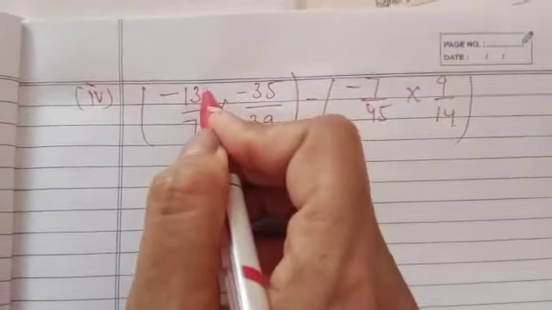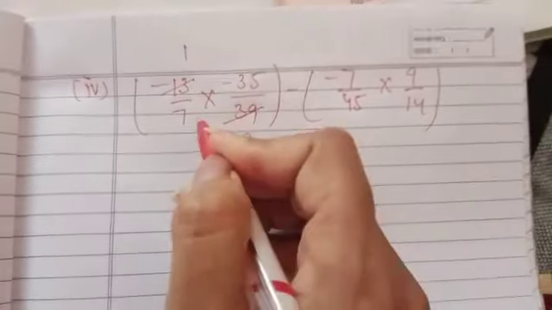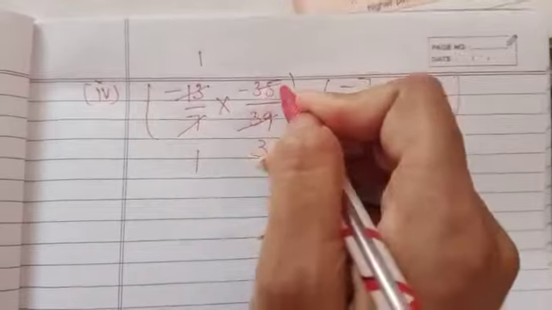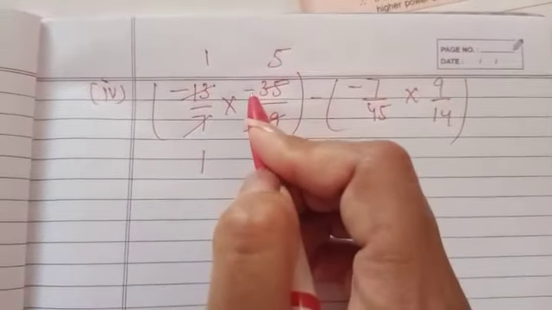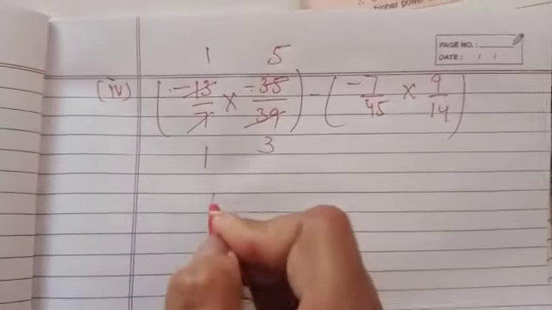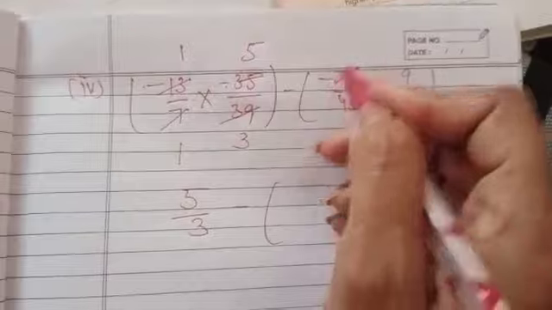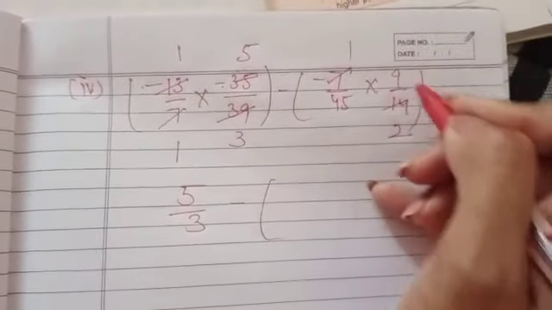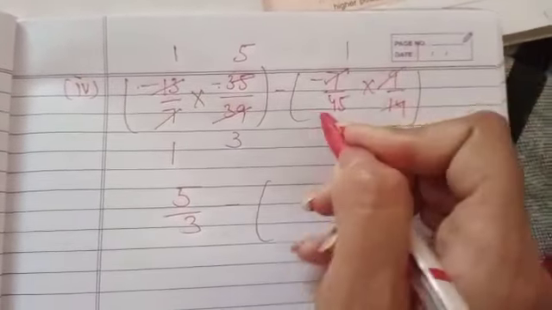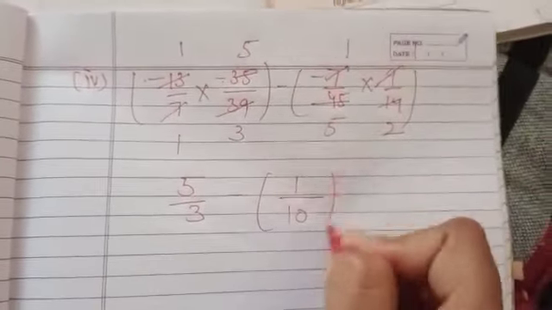This is the last part of this question. Again cancel it. 13 ones are 13, 13 threes are 39, 7 ones are 7, 7 fives are 35. Now both the numbers are negative, negative, negative is positive, so 5 over 3 minus 7 ones are 7, 7 twos are 14, 9 ones are 9, 9 fives are 45, 1 over 10.